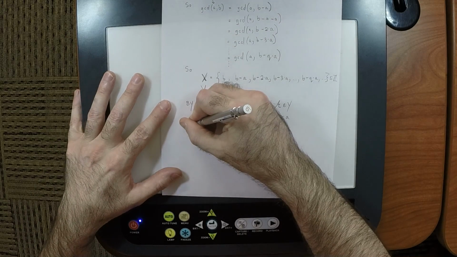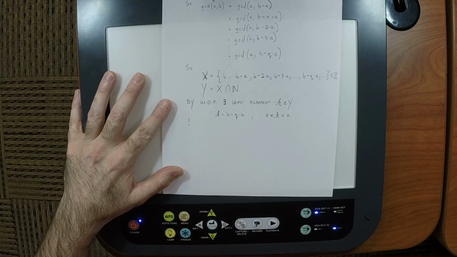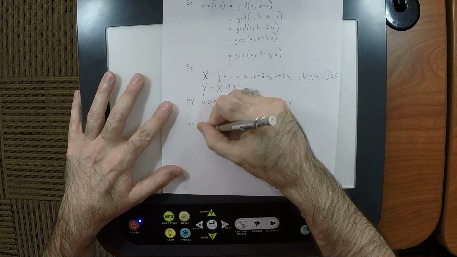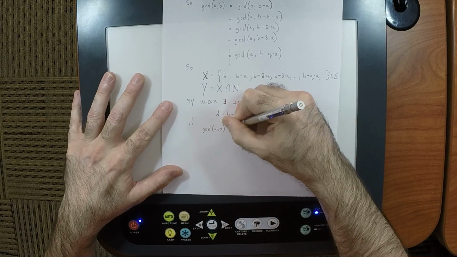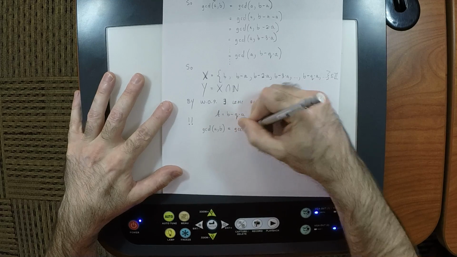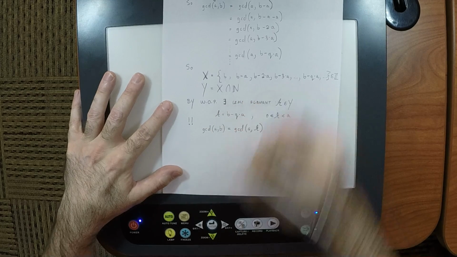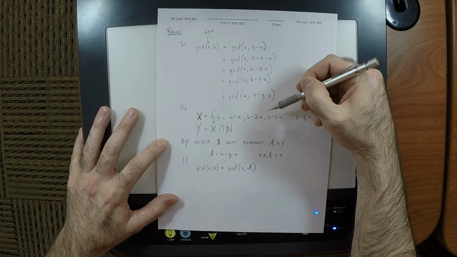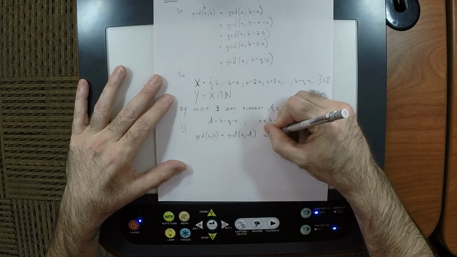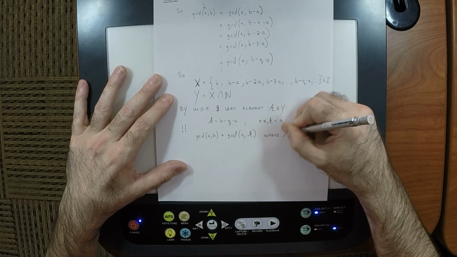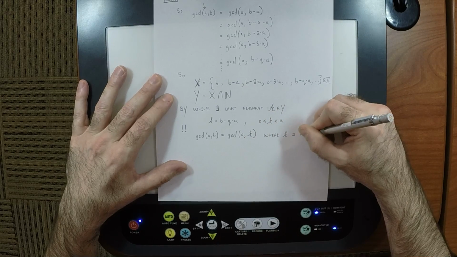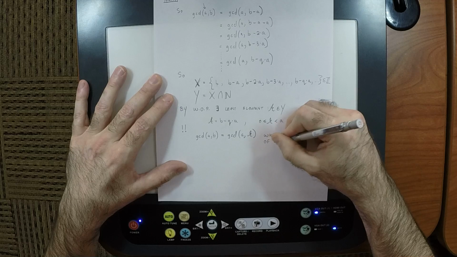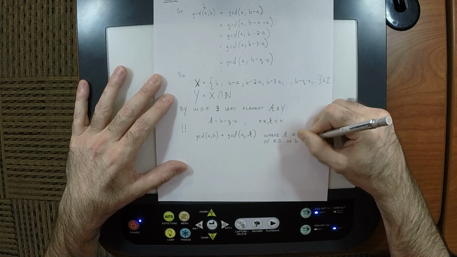And the surprising thing, a double surprise, is that in fact GCD of A and B is the GCD of A and R, because all of these are the same, where R is the remainder of Euclidean division of B by A.